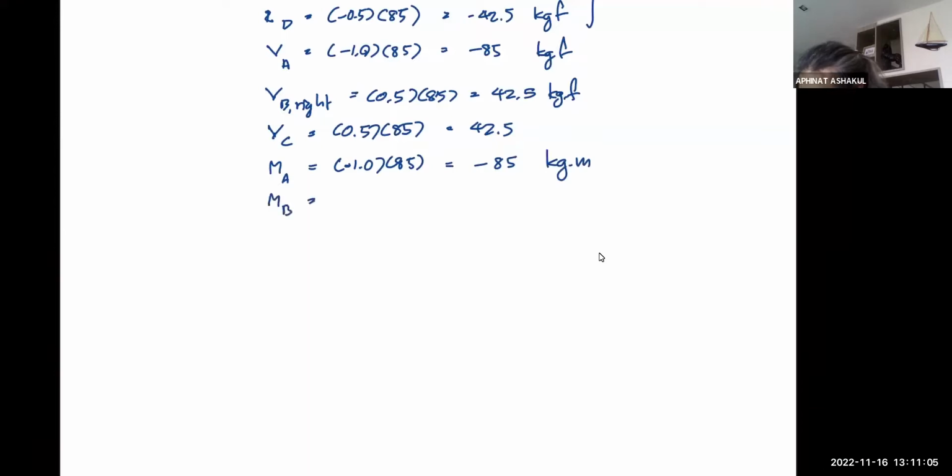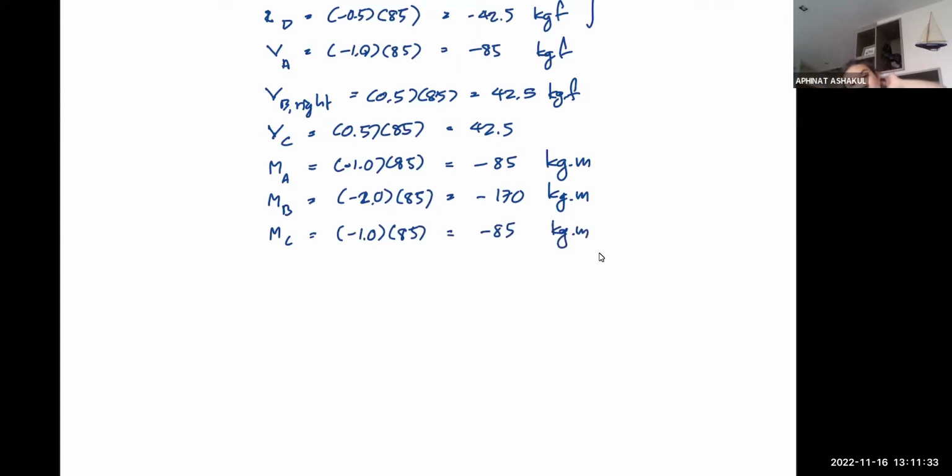MB is minus 1. Oops, sorry. Minus 2 multiplied by 85. So this is minus 170 kilogram meter. And MC is how much? Minus 1, right? Thank you. Minus 85 kilogram meter in the end.